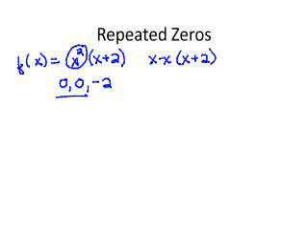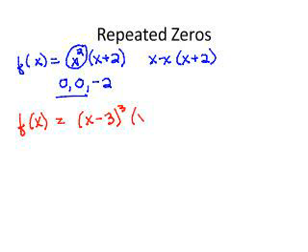If we take f of x equal to x minus 3 to the third, and then let's say we have an x plus 5 to the second. Well, both of these zeros are repeated. The 0 here, so remember when we talk about the zeros, it's what makes the y equal to 0, because we're looking for the x-intercept.